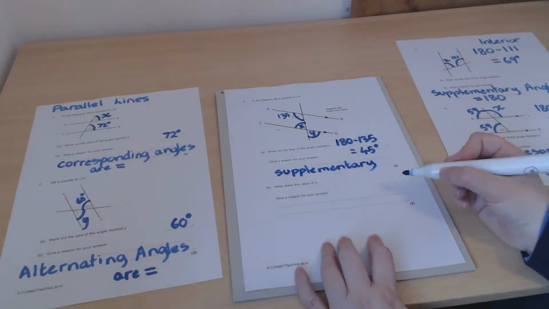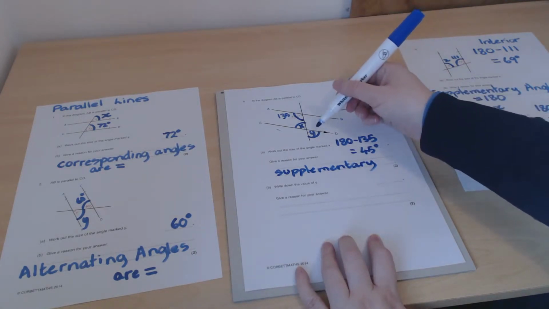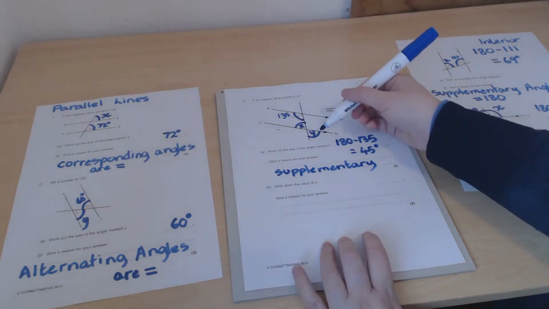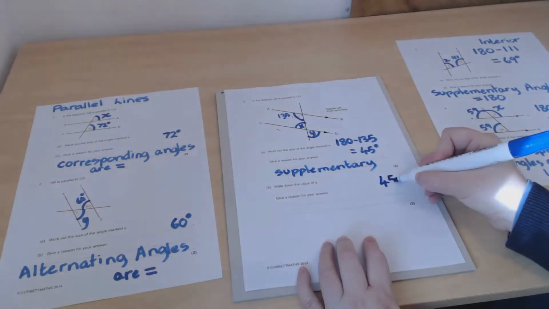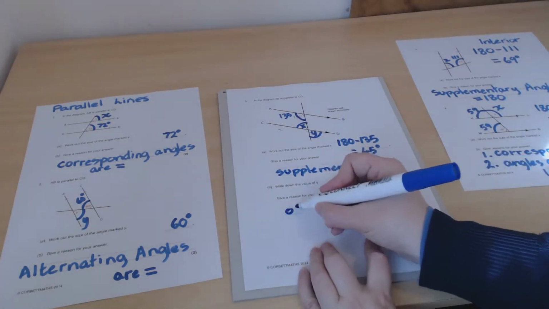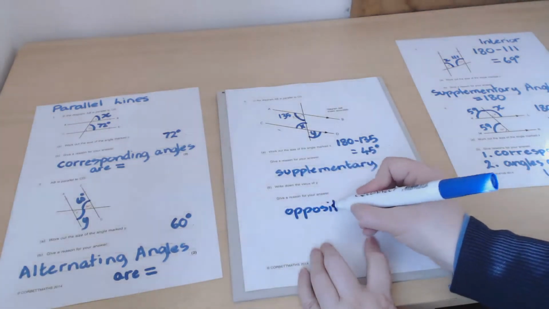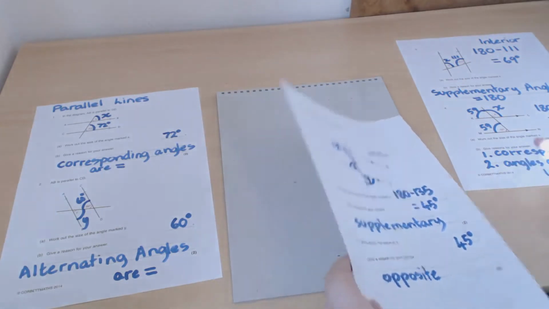Okay, so next we're going to work out what Y is, and Y is going to be the same as X because those are opposite angles. Okay, so Y is also 45 degrees, but the reason this time is because those are opposite angles that are equal.